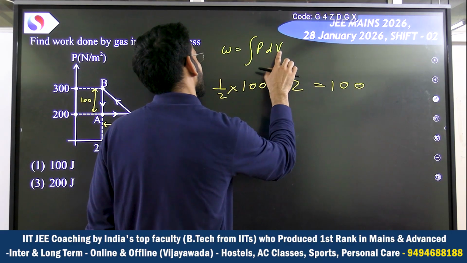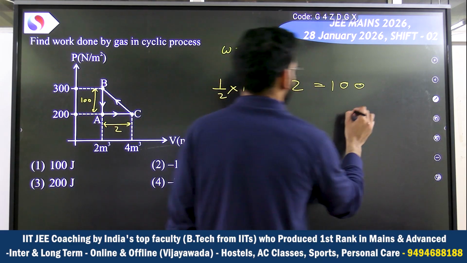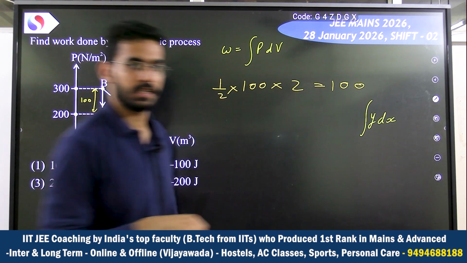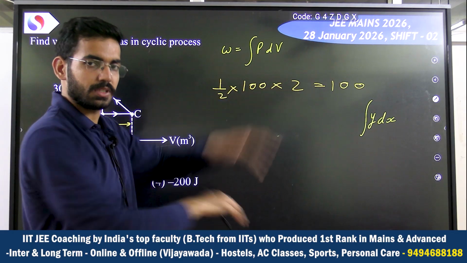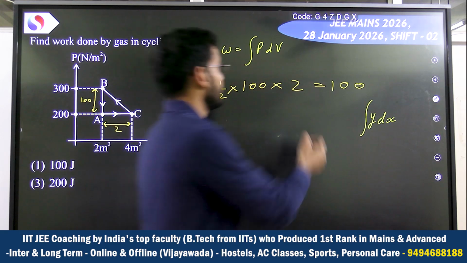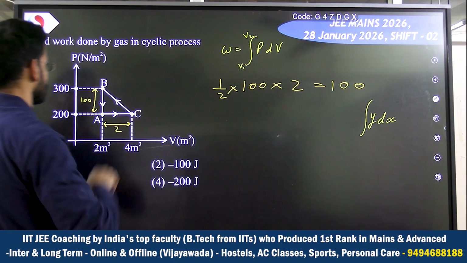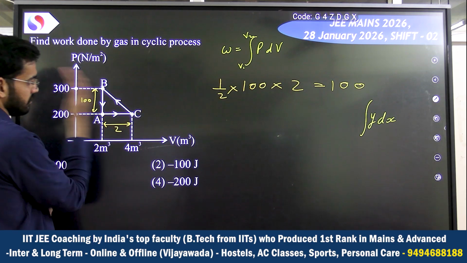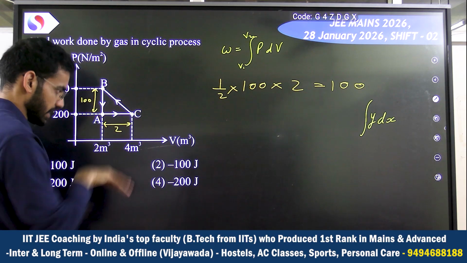When you write any integration y dx, it means how much area the curve makes along with the x-axis, from a certain x value to a certain value. Here it is from v1 to v2. That is the work done. Sometimes when V comes here and pressure here, the area with the y-axis will come, and when P versus V comes, the area with the x-axis comes.